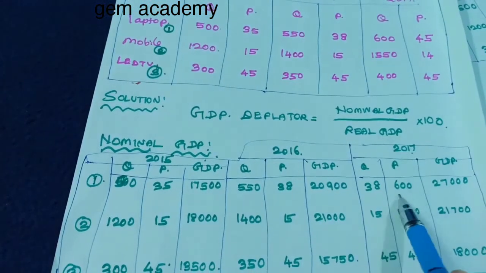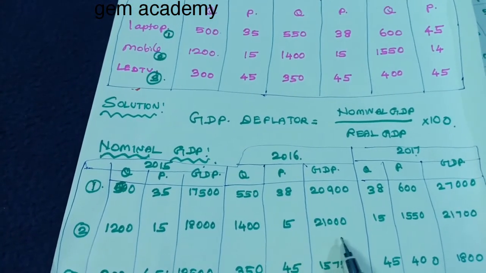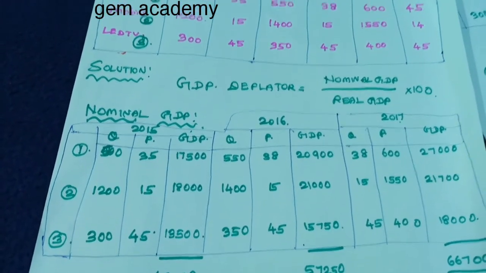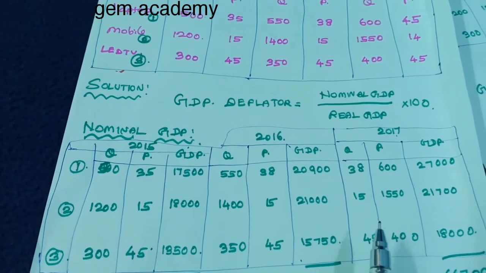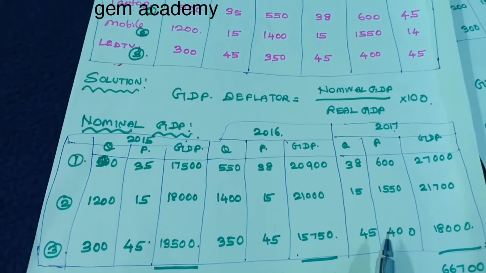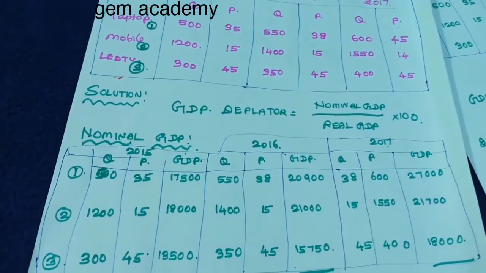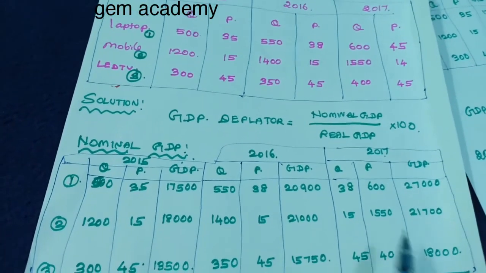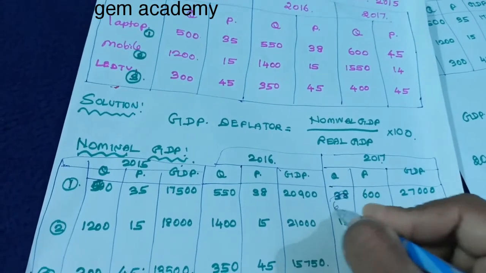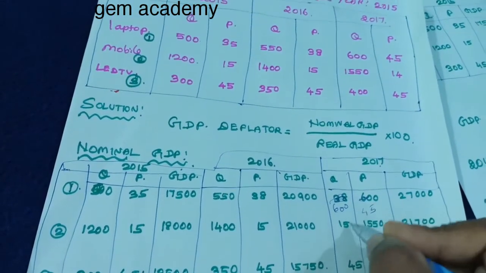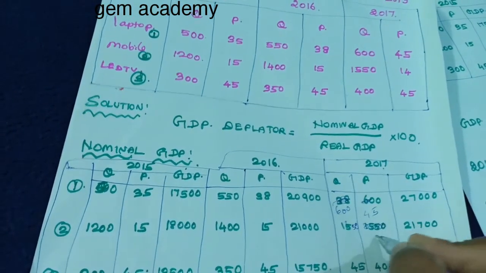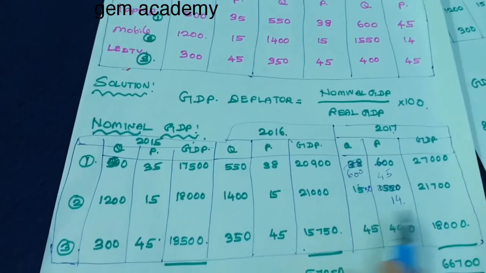And quantity 600, 45, 1550, 14, and for 400, 45. Here 600 will be coming, and this one is 45. Here 1550. This one is 14. Okay, friends.